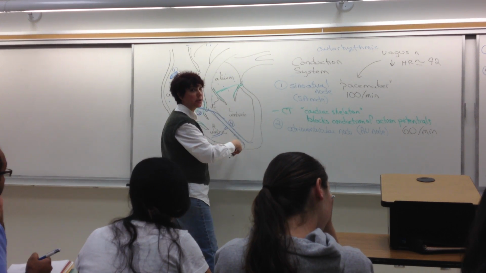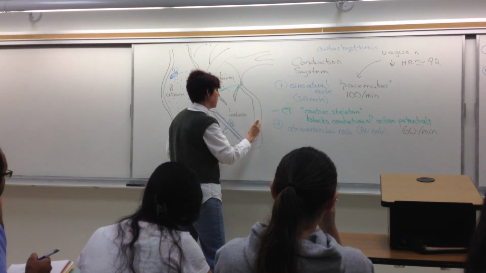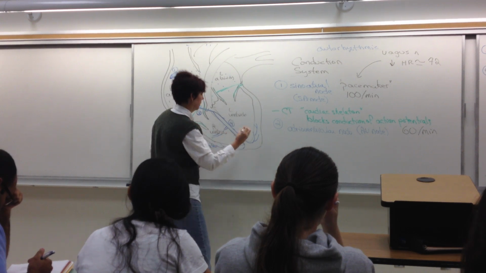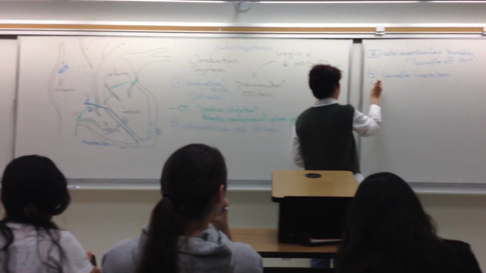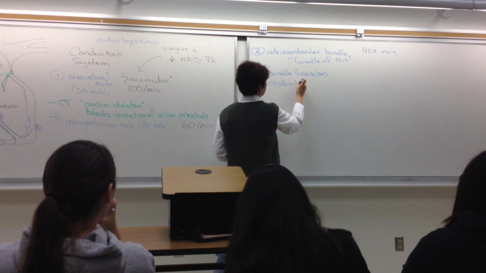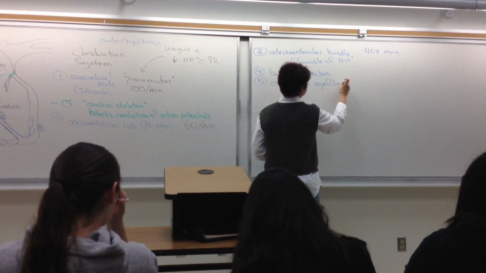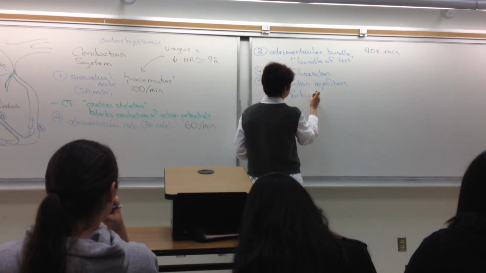This is where your lab manual starts, but we continue to carry that current up the outside wall of each ventricle. And these structures are identified as conduction myofibers, and the older name are the Purkinje fibers.